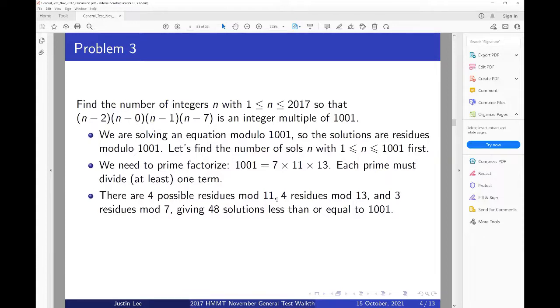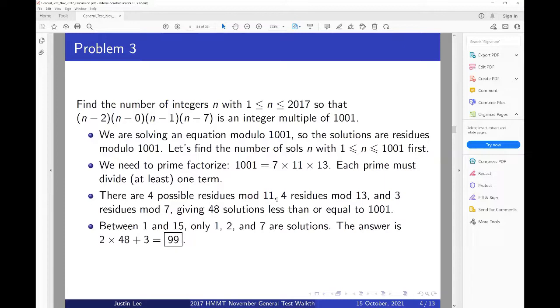And by the Chinese remainder theorem, each triple of residues, say if we want 2 mod 11, 0 mod 13, and 1 mod 7, is going to correspond to a unique solution modulo 1001. That is why we have 4 times 4 times 3, which is 48 solutions modulo 1001.